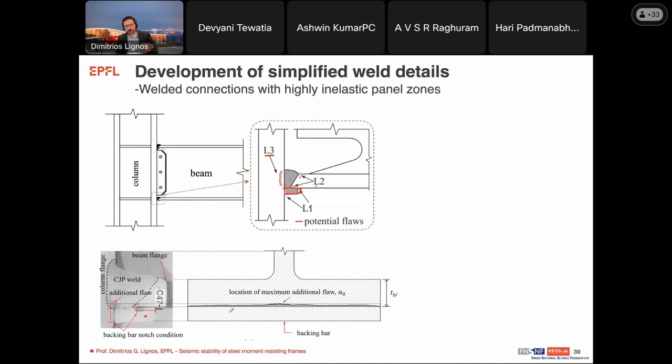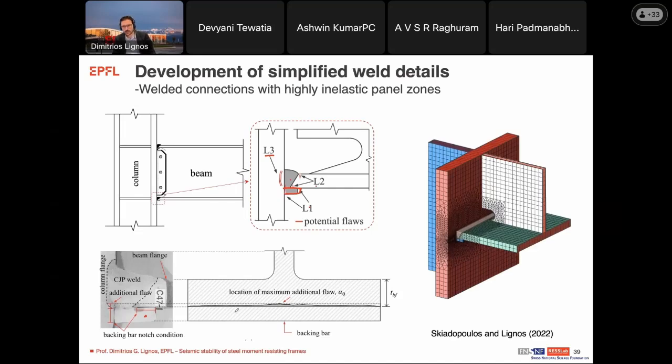However, all this procedure of removal and inspection and then potentially repair could be time consuming, but also cost ineffective. So we try to work out a detail where we can keep the plate in place and at the same time minimize the fracture potential. For this, we studied the problem again through the help of detailed finite element models.